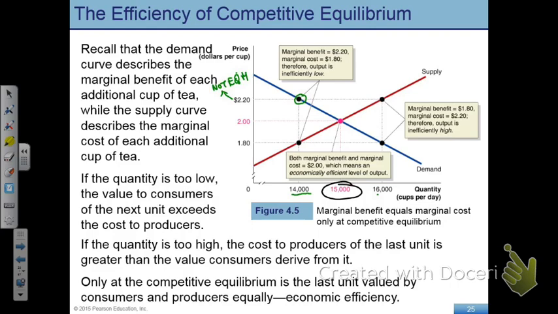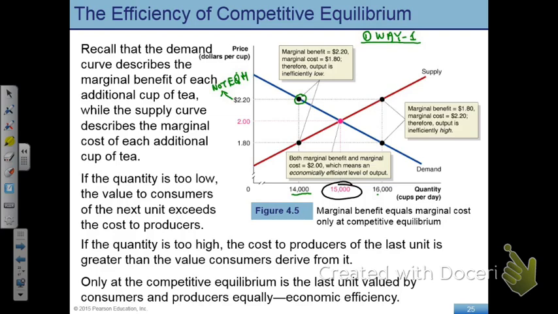Now, there are two ways of looking at this. Way one. I'm going to look at this quantity, 14,000, and try to understand at this output level whether consumer surplus and producer surplus are maximum or not, because I am looking at the idea of efficiency from an output perspective.